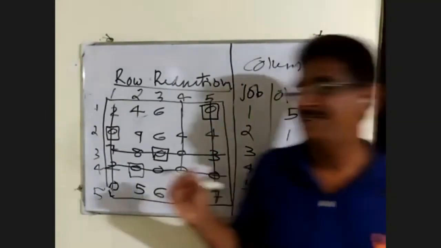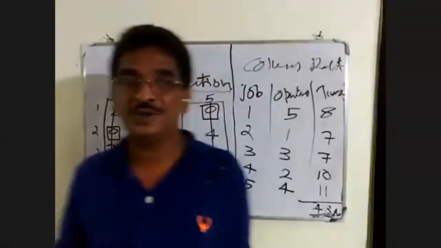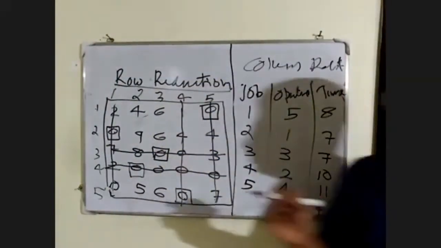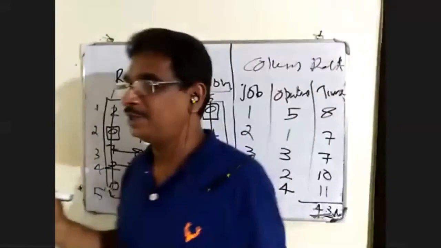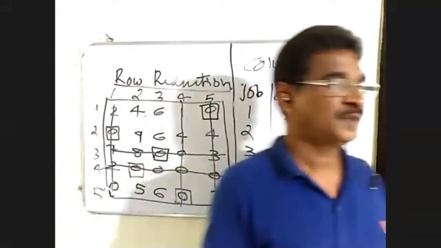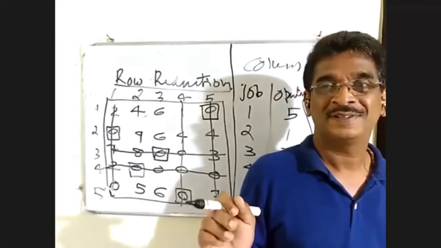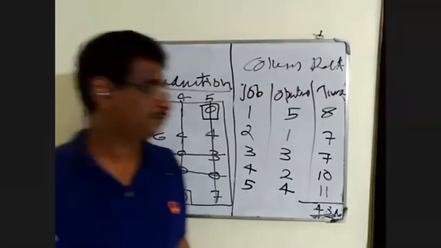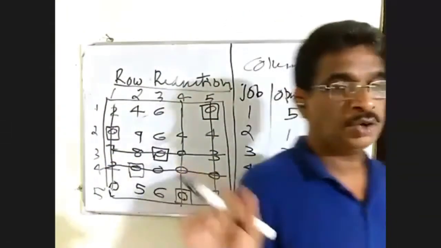Sir, I said 43. Who told you 33? Mana Babu. No one, sir, you are mistaken.